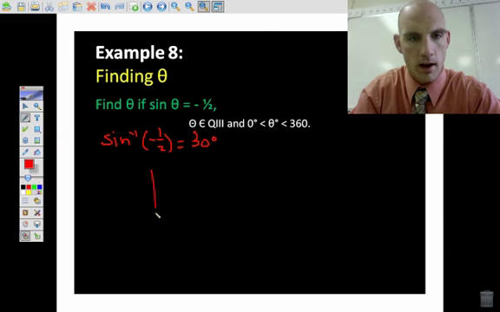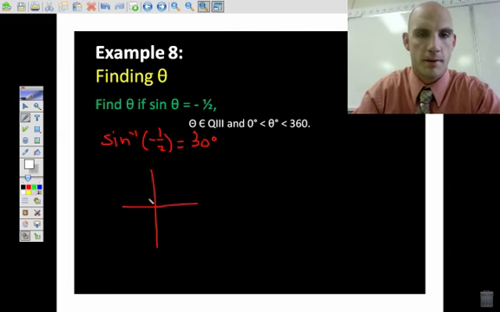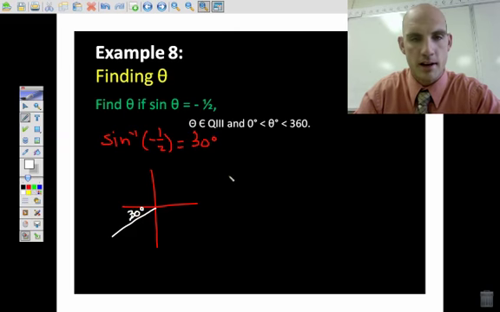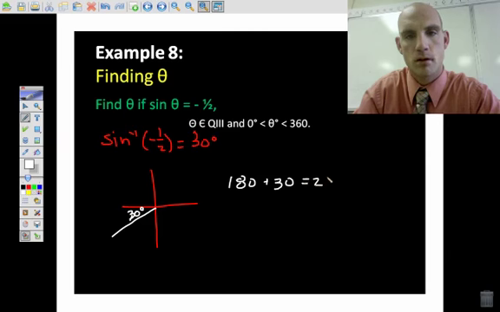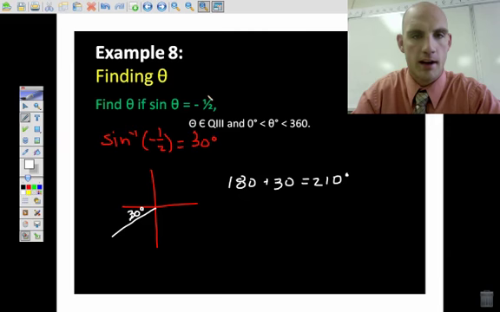Once again, if I'm in the third quadrant, I'm down here. This is going to be my 30 here. So that means I'm going to have 180 plus 30, which is 210 degrees.